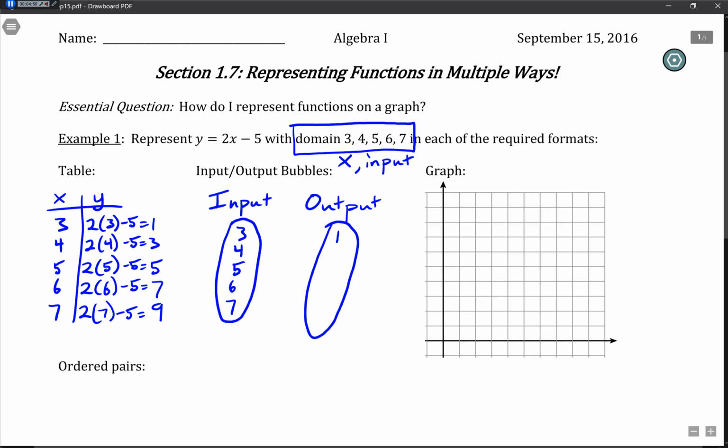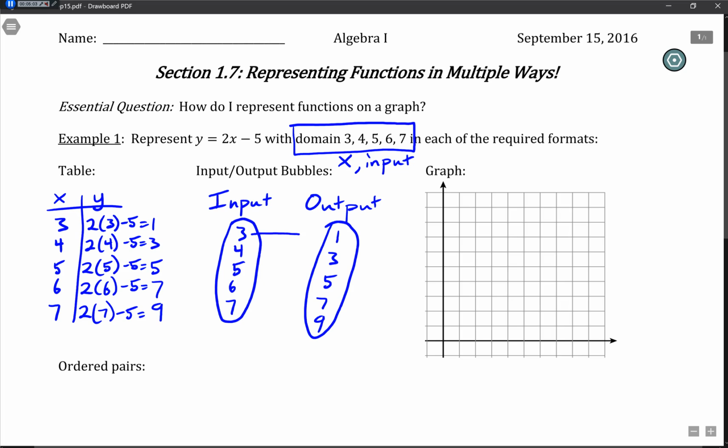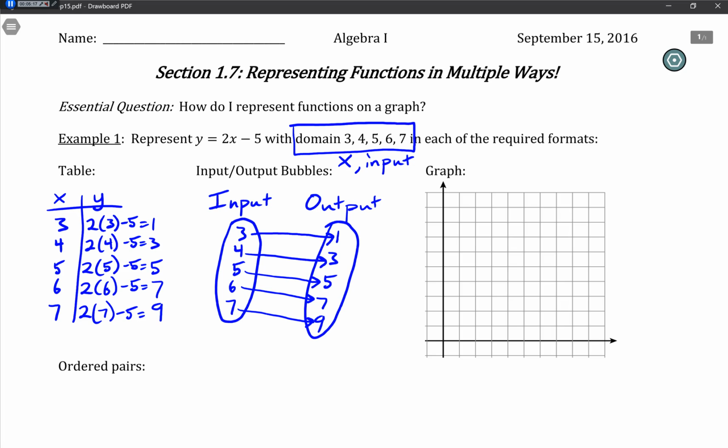So that's obviously 1, 3, 5, 7, and 9. And there were just arrows drawn, what goes to what. We already figured out that when I put 3 into the function, that gives me an output of 1. When I put 4 into the function, that gives me an output of 3, and so on. I put these all in a nice line. So my input-output bubbles look kind of boring, but it just tells me which input goes to which output.